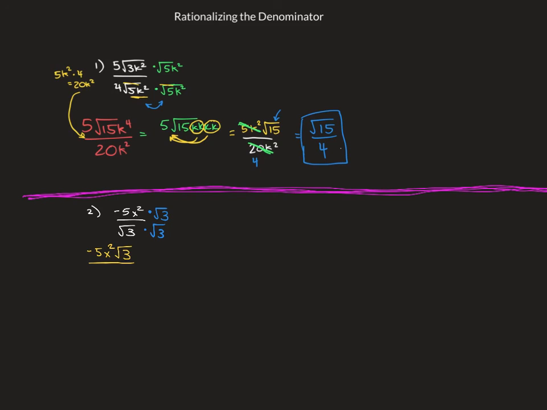That would just be 3. So this is our new big fraction, and we can see if this can be simplified any further. Now, minus 5x squared and 3 can't be simplified. We have no other square roots in our denominator. So what we can conclude is that we have reached our final answer.